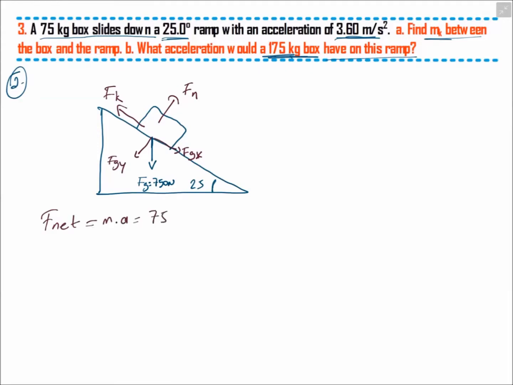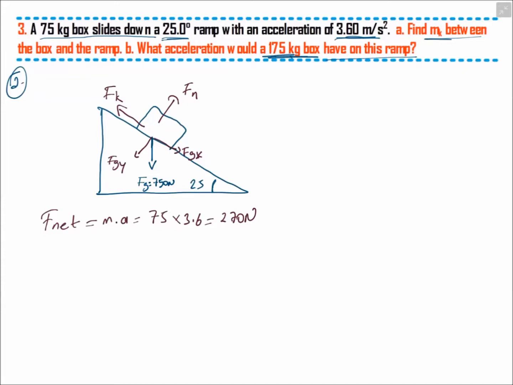Mass is 75 and acceleration is 3.6, so it will be 270 Newton. And then another step here, I have to calculate the components of the vectors.